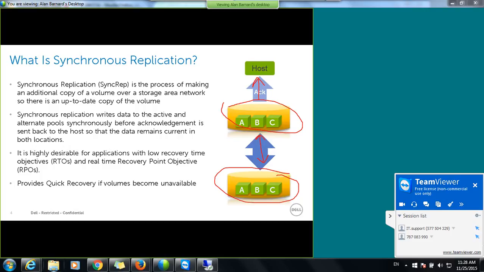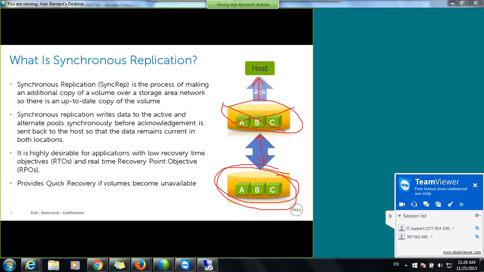Okay. So again, this is protecting a pool, right? In case this pool goes down, you have another pool to recover from. That doesn't mean that what happens here will not also happen on the other pool.